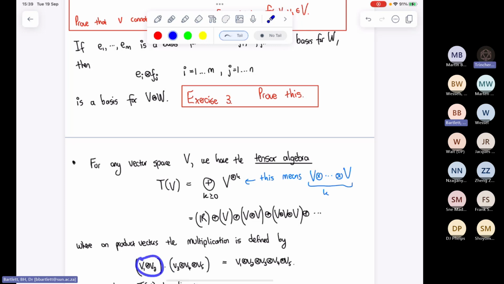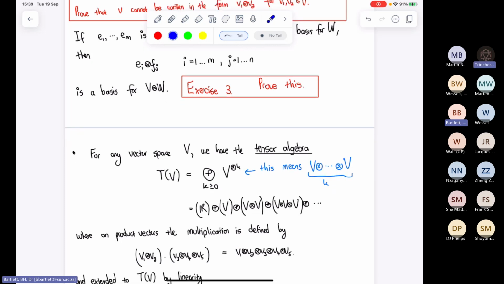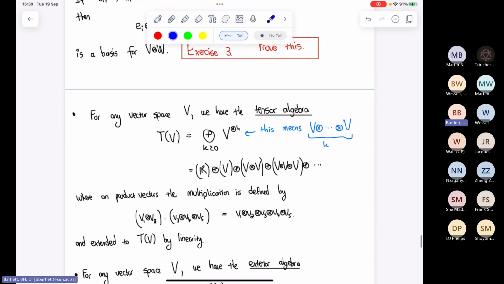So here is, for example, a typical element in V tensor V, and here's an element in V tensor V tensor V. And to multiply them, I just concatenate them. Okay, so that's defining multiplication on tensor elements or product elements, and then I extend that multiplication out to the whole vector space by linearity.